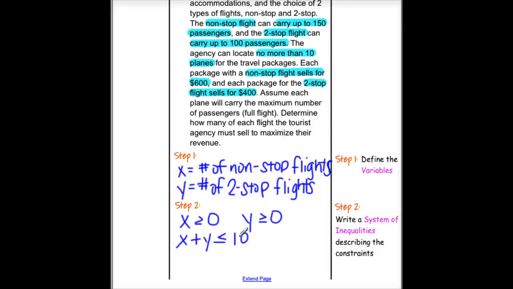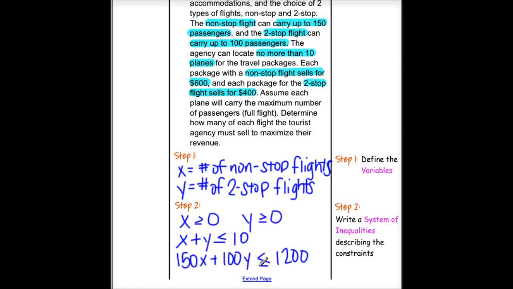So we need to deal with those passengers. Well, if we can put 150 passengers on each nonstop flight plus 100 passengers per 2-stop flight, they said they can sell up to 1,200 packages. So we can't have more than 1,200 packages. So that's going to be less than or equal to 1,200.